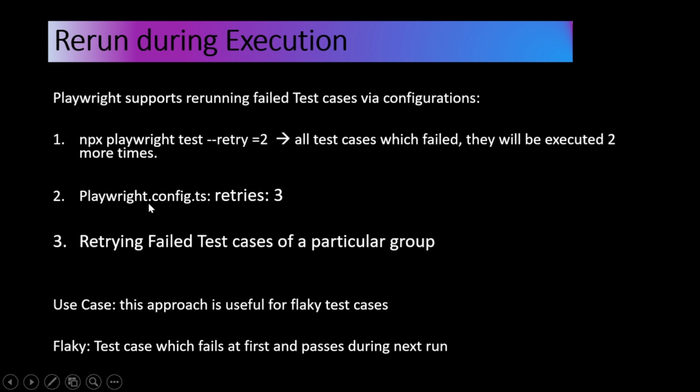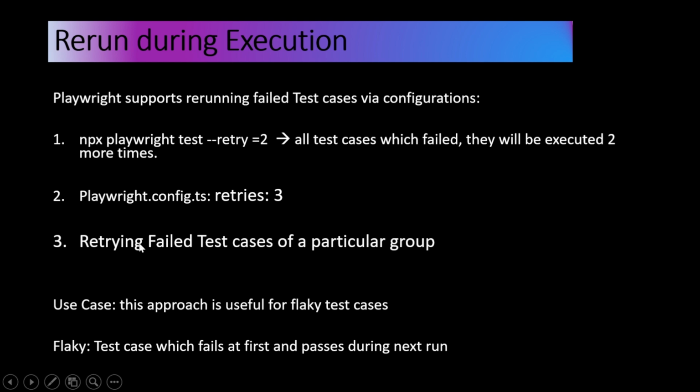Another way is we can configure this particular retry variable in the playwright.config.ts, and this would be applicable to all the test cases, and this is the recommended approach. Also, suppose for a particular group of test cases there are some test case failures, or we have a flaky test case, and we want to implement a retry mechanism for that particular group.